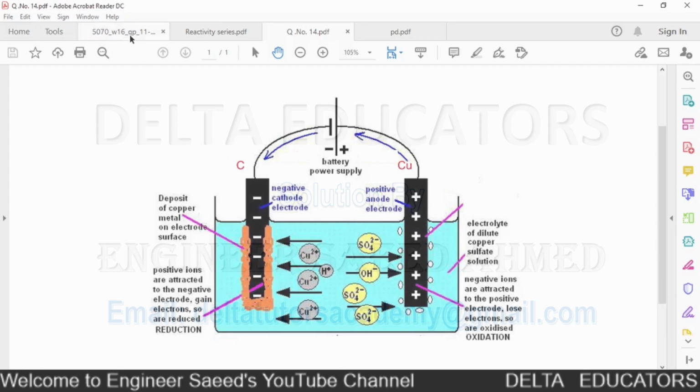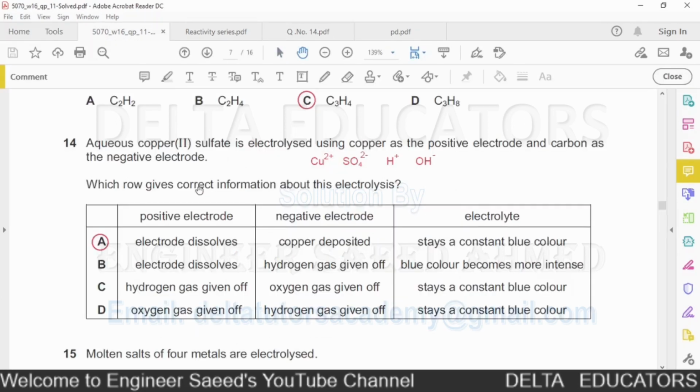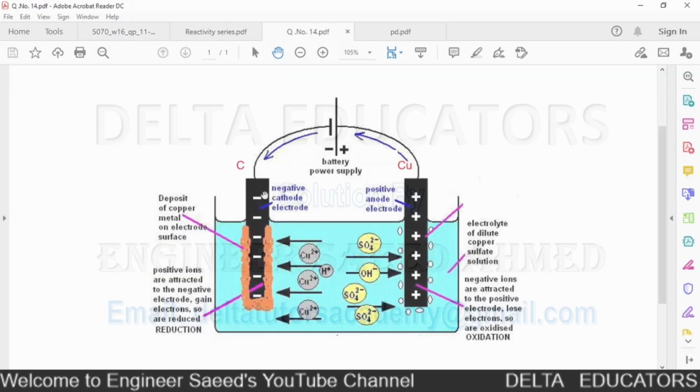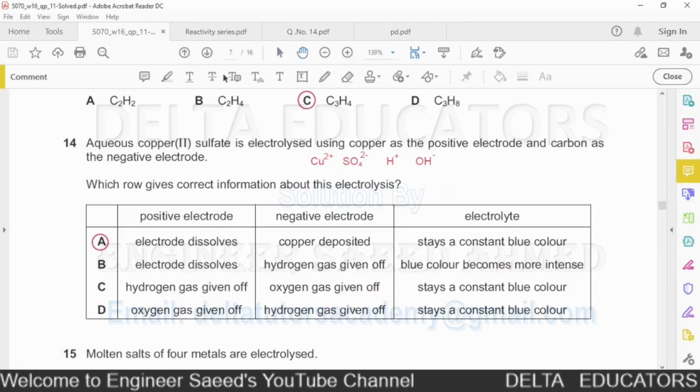Now first we check the options. Here it is given at the negative electrode, copper deposited. So here our possible option is option A.